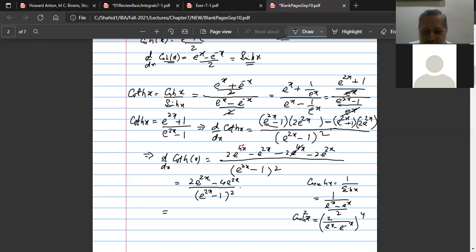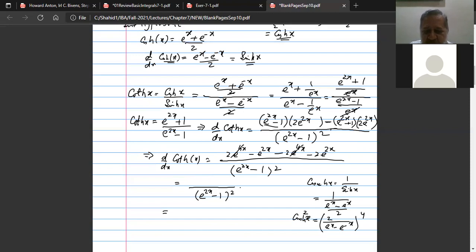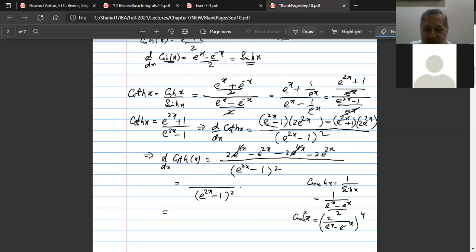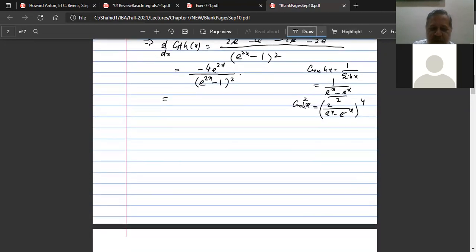The e power 4x term will cancel, what we are left with, minus 2. So minus 4 e raised to power 2x. Now this is perfectly all right.